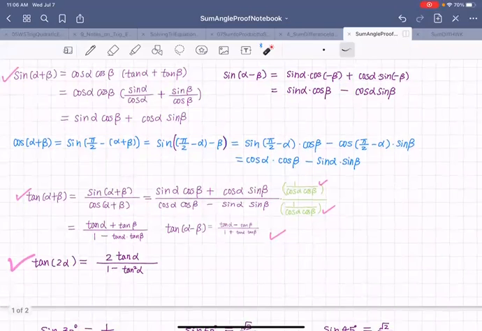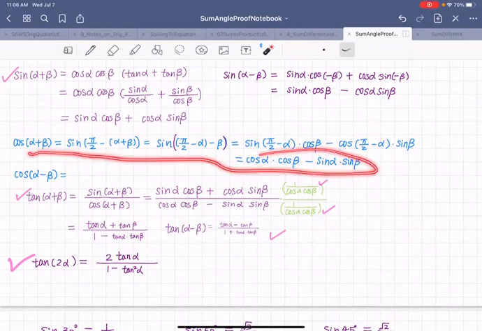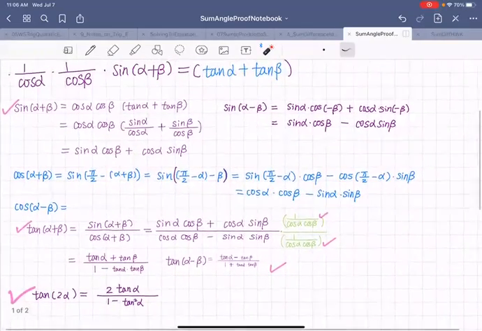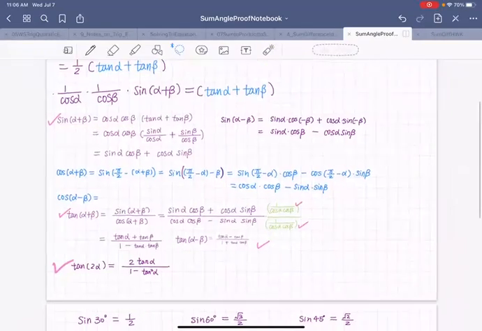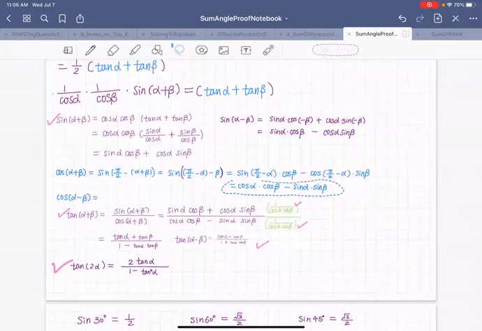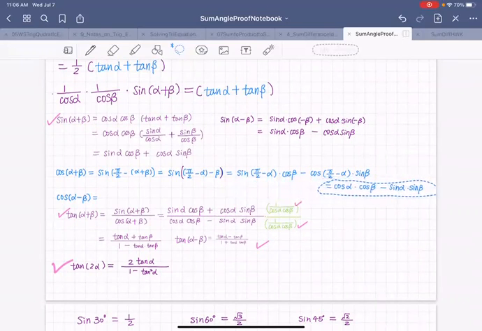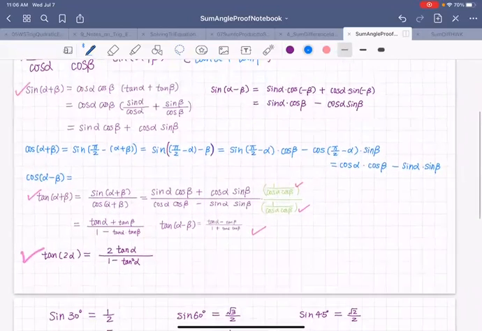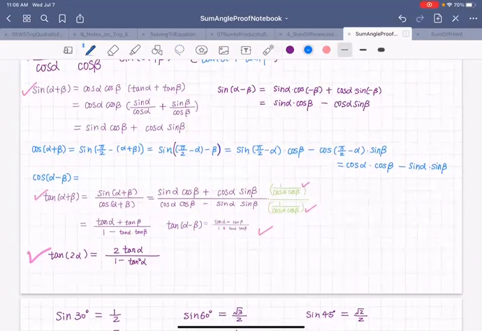Now, Julia, let's find out the cosine alpha minus beta, okay? We will use this formula to find out this. Go ahead, please. You change this to alpha plus negative beta, okay?